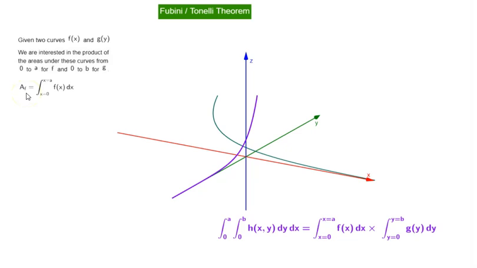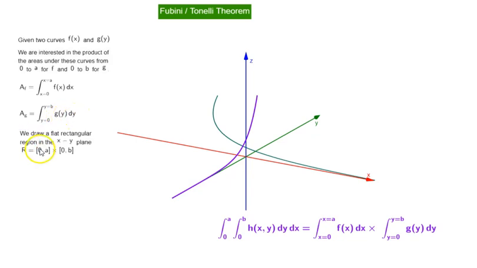Area under the function f is equal to the integral from x equal to 0 to x equal to a of f of x dx. And similarly, area under the curve g is equal to the integral from y equal to 0 to y equal to b of g of y dy.